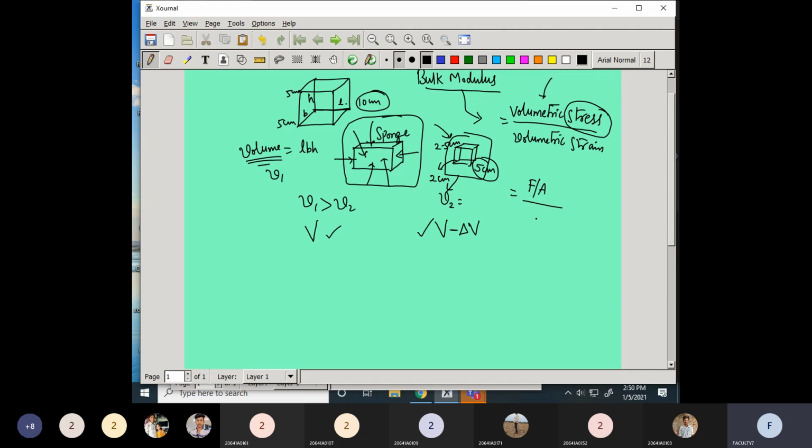So the same thing here you can consider the change in the volume divided by the original volume. So you can substitute here F by A into delta V by V. So this particular concept will be considered as the bulk modulus.